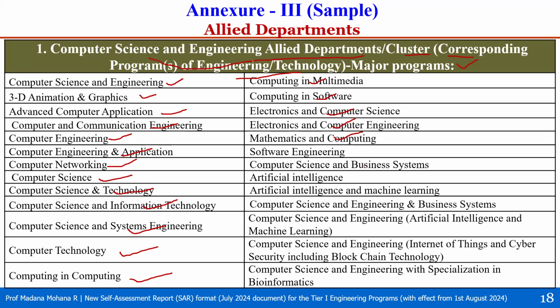Here you can see computer science and business systems, the emerging departments, artificial intelligence and machine learning, CSE and business systems, CSE with AI and ML, CSE with IoT and cyber security including blockchain technology, CSE with specialization in bioinformatics, etc. These are all the samples here.